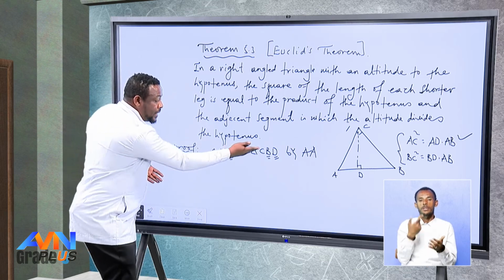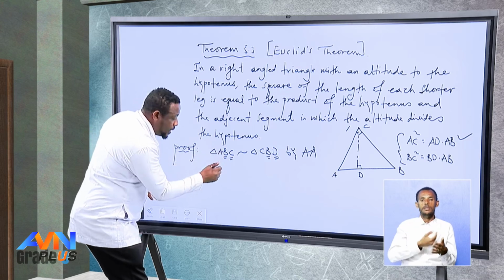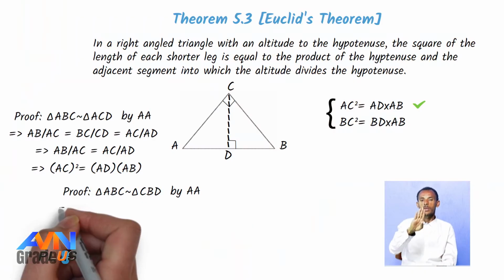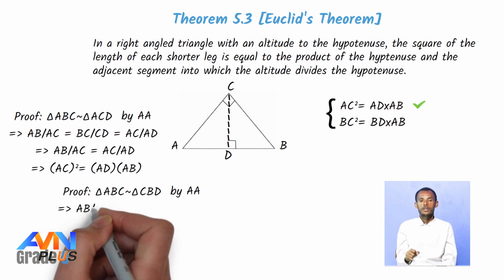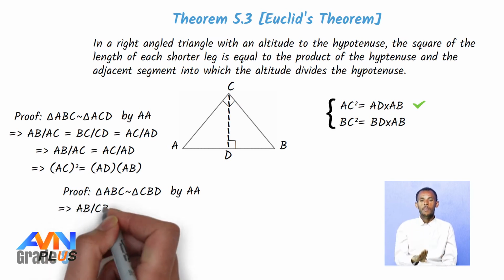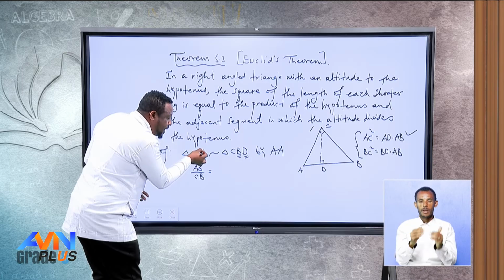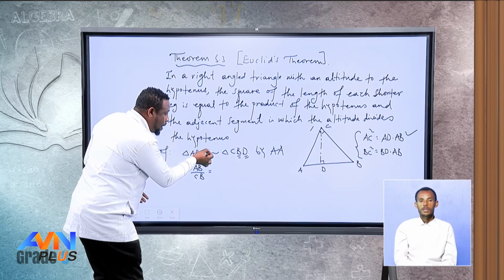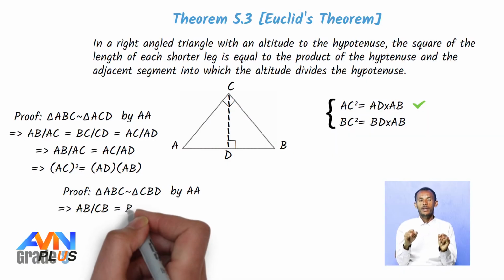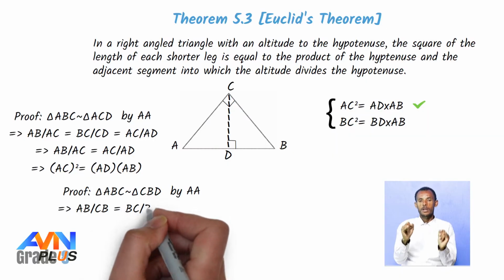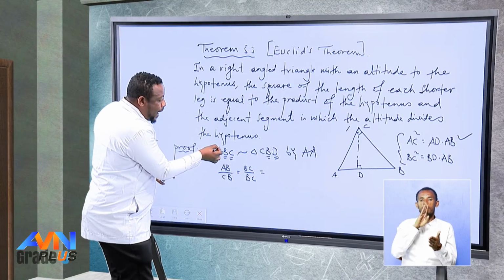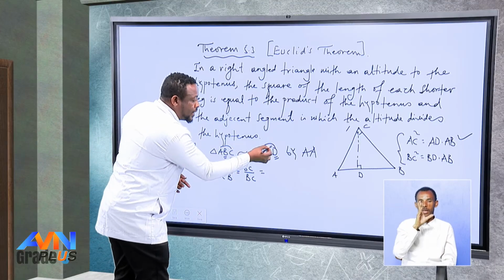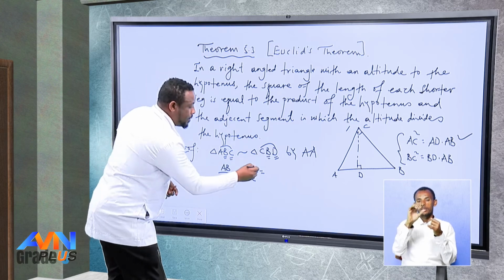So this tells us AB over CB must be the same as BC over BD, and this must be the same as AC over CD, right?